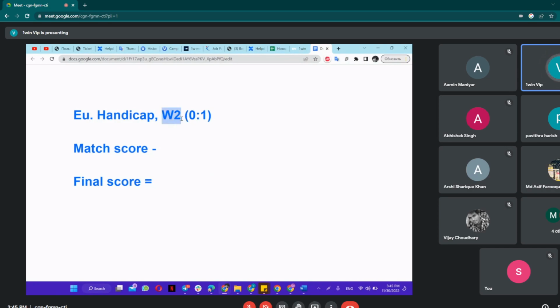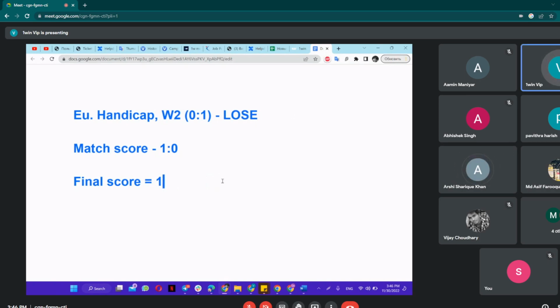Let's suppose the match score will be 1-0, so the ratio will be 1-1. Final score is 1-1, which is a draw. For us, it will not work because we bet on the second team to win. So the bet will lose.